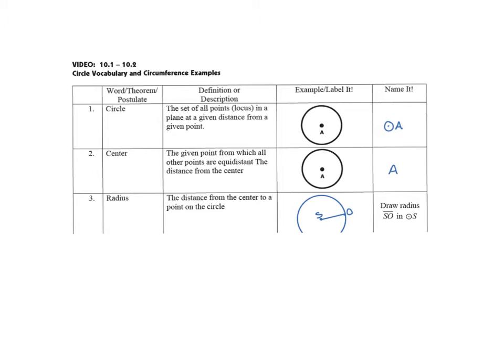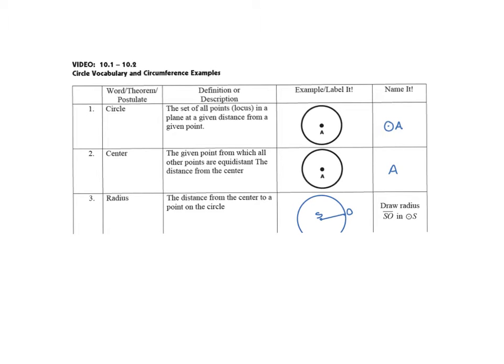But what I suggest that you do, whatever makes most sense for you, whether that is note cards, whether it's a Quizlet, whether it's taking this paper and using it to fold over, take it out of your notebook perhaps.